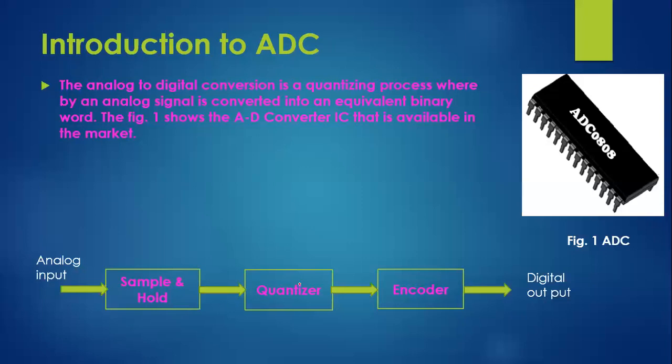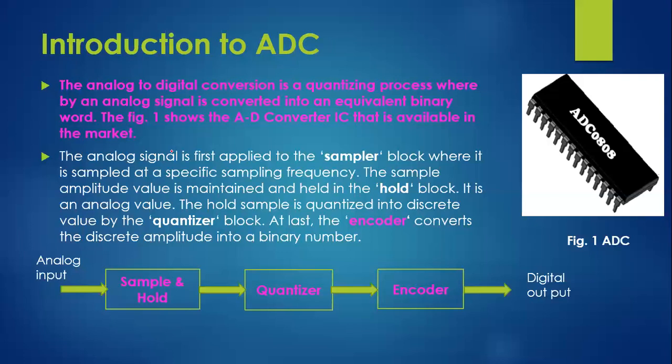In the quantizer, based on the amplitude levels of these samples, they are converted into discrete values. So the output of the quantizer will be discrete in nature.